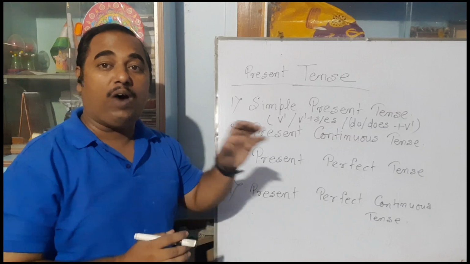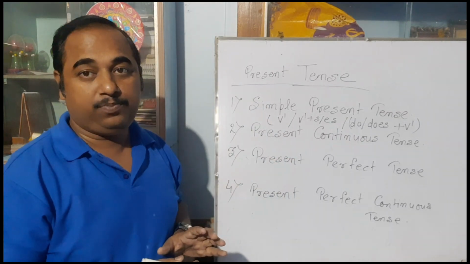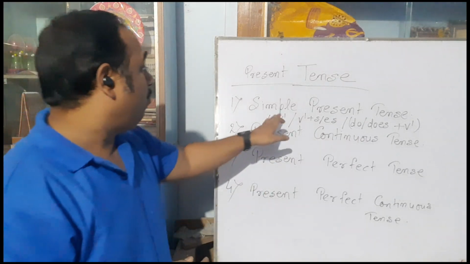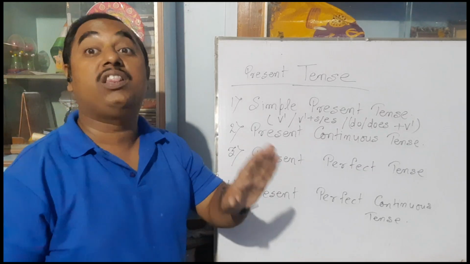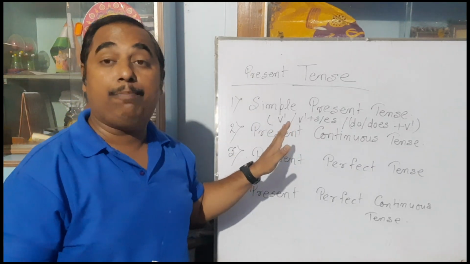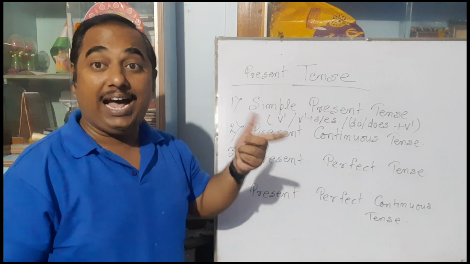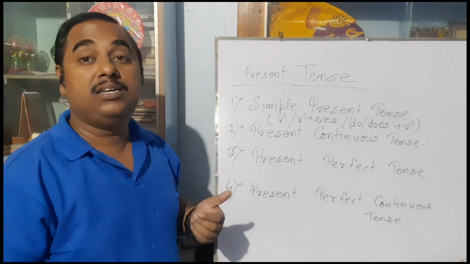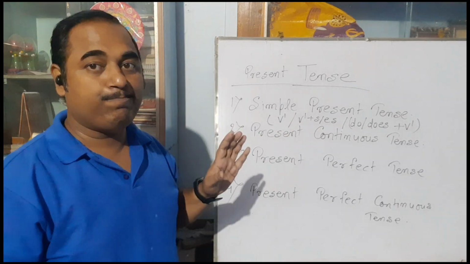I will explain every topic, every point, one by one. Right now you understand this: if there is V1 or V1 plus S or ES without any helping verb like is, am, are, was, were, have, has, had, or any kind of modals, then that will be simple present tense.